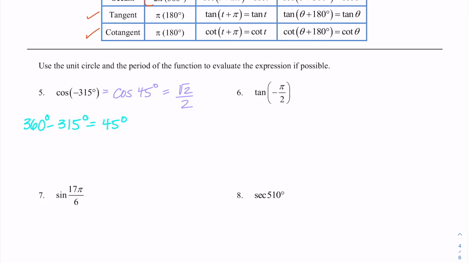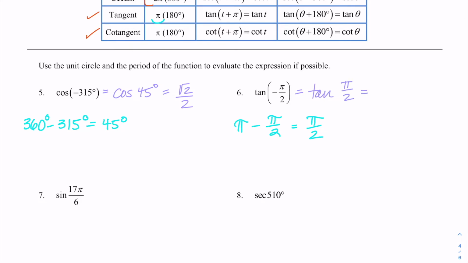In number 6, we have the tangent of negative pi over 2. The period of the tangent is pi. So we can add pi to negative pi over 2, and of course we end up with pi over 2. So this is equal to the tangent of pi over 2.